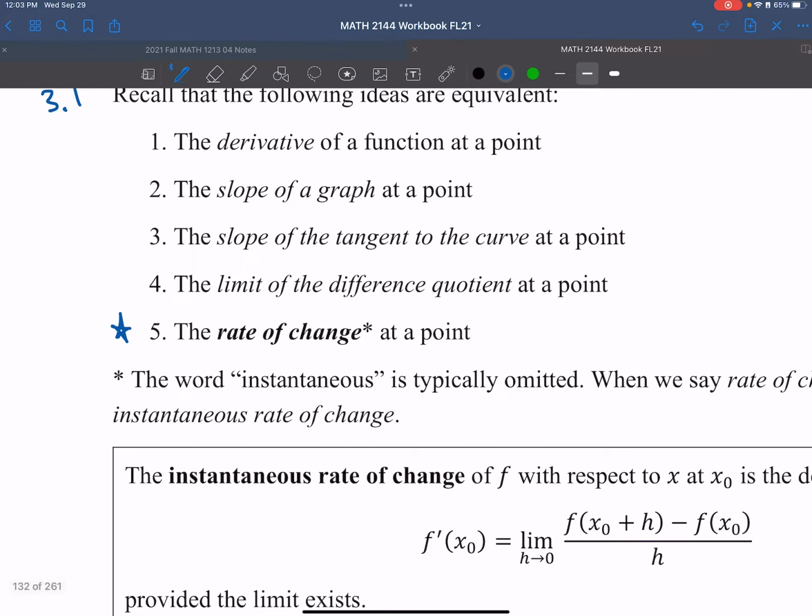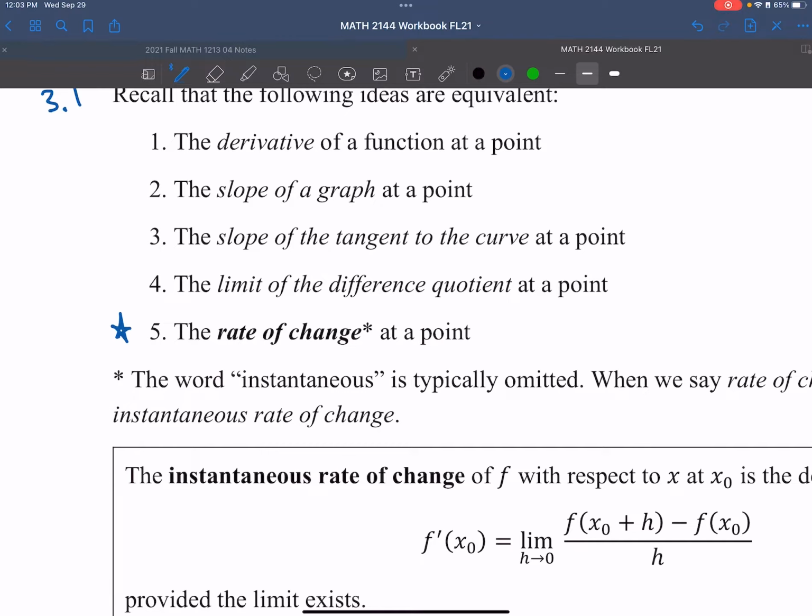Remember earlier in this semester, we said there was the average rate of change which dealt with what type of line? Does anyone remember? The average rate of change dealt with the secant line. And then remember that the instantaneous rate of change dealt with the tangent line.